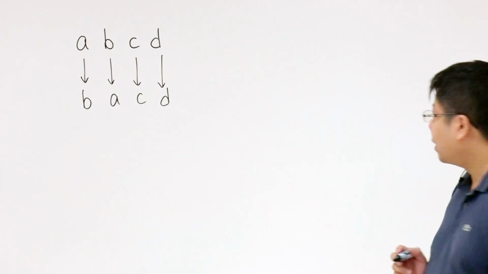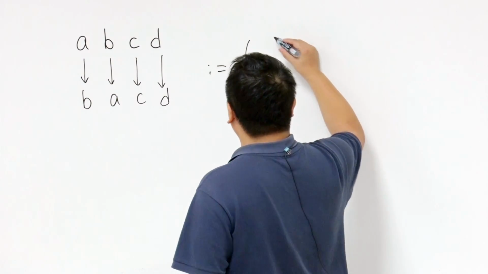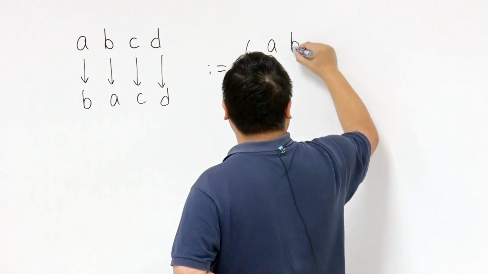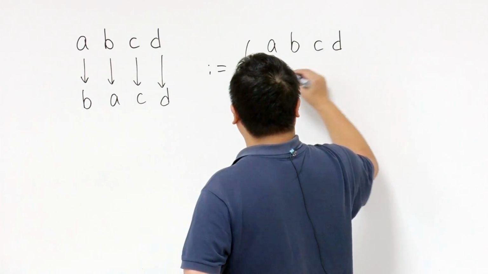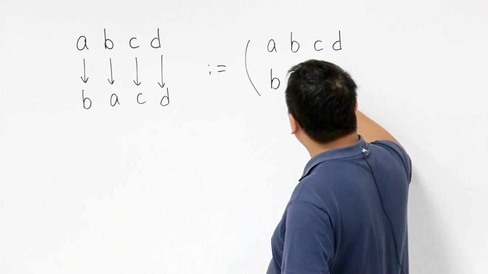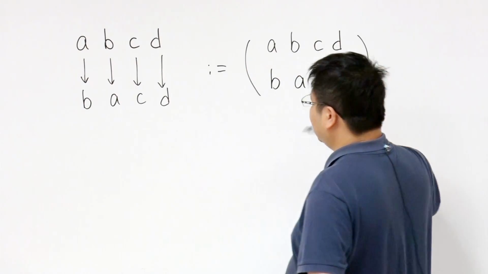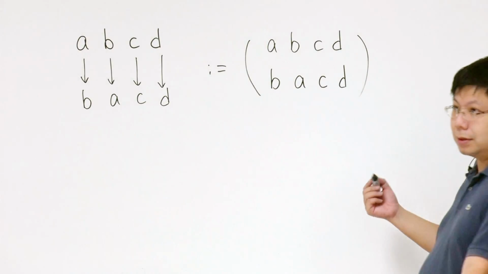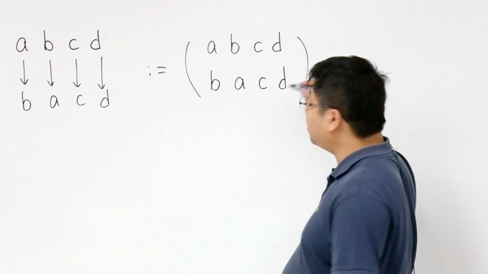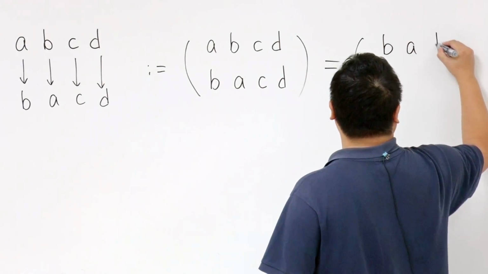Is that okay? We can describe this mapping by writing A, B, C, D on top, and below it B, A, C, D. It is like A is now mapped to B, B is now mapped to A, C is now mapped to C, and D is now mapped to D. Of course, the ordering does not matter. You can also write it as B, A, D, C on top, and A, B, C, D below.